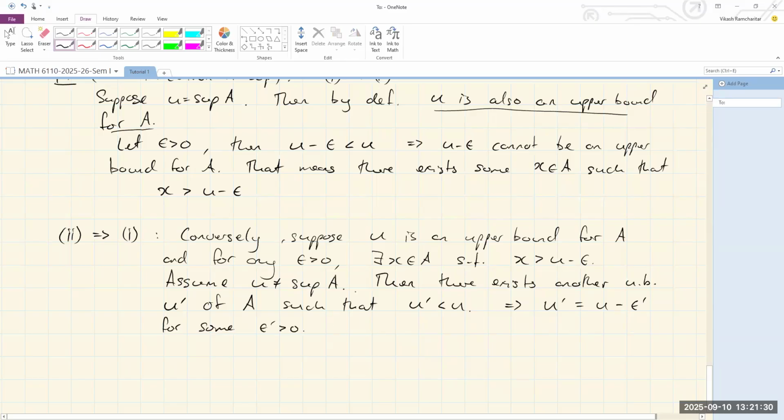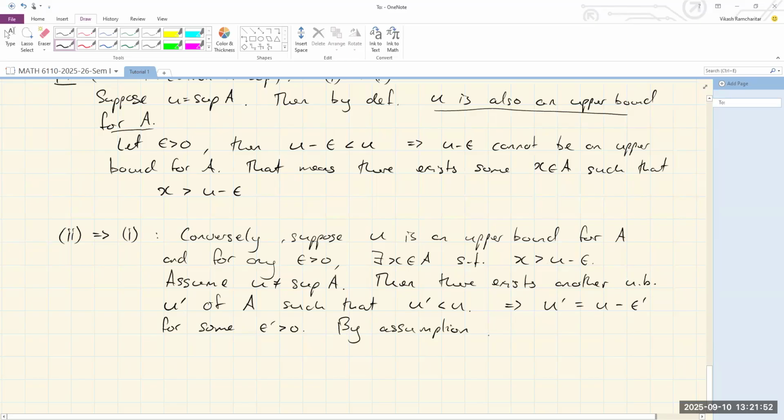Okay. Now by assumption, I know that, remember what did I assume? I assumed that for any epsilon, I could find an element in A such that x is bigger than u minus epsilon.